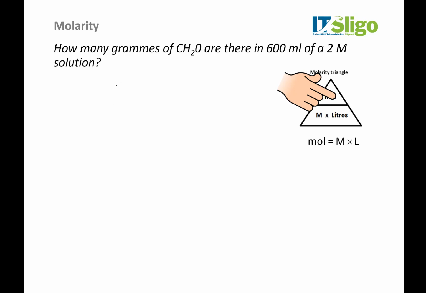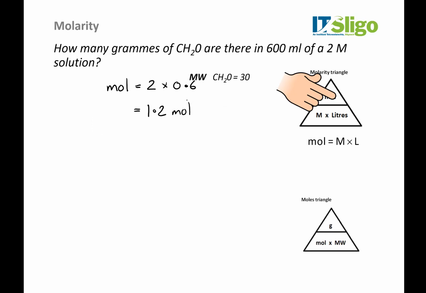So moles, guys, is molarity 2 by volume, which is 0.6. So the number of moles is 1.2. Now we know the moles, guys. We can use our molecular weight in the second triangle.